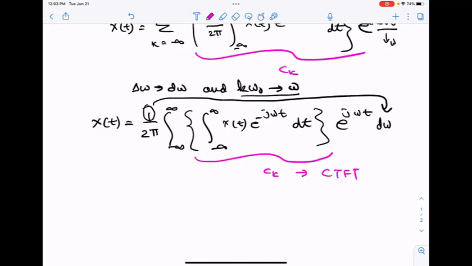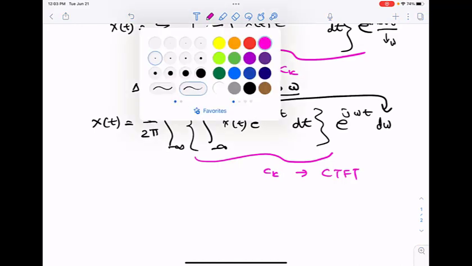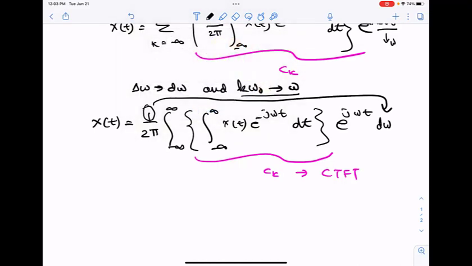It has a special name, CTFT, so we'll rewrite this as, let's go back to this one.